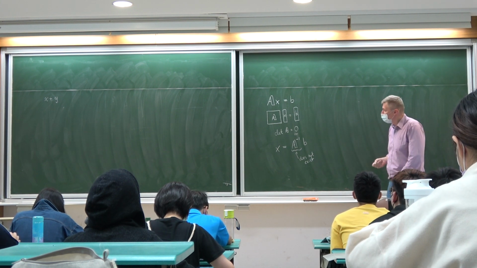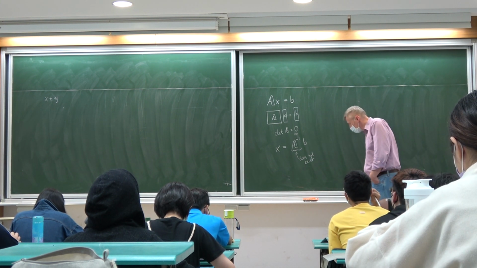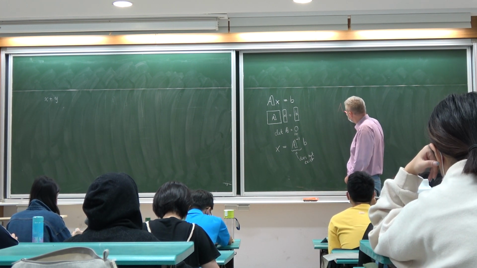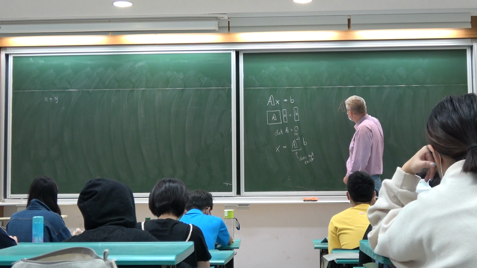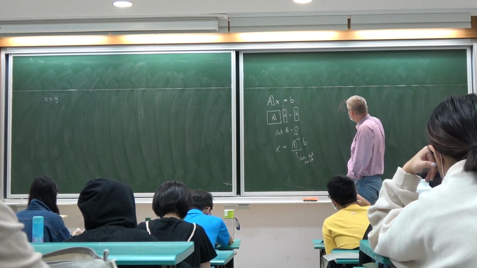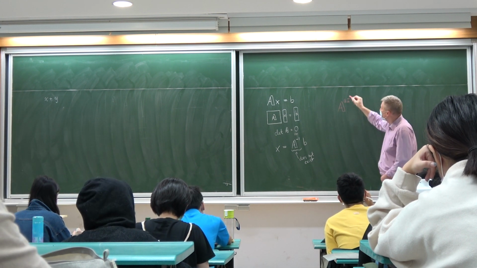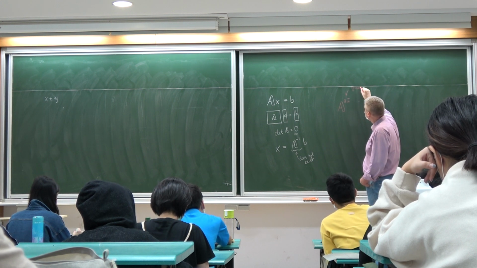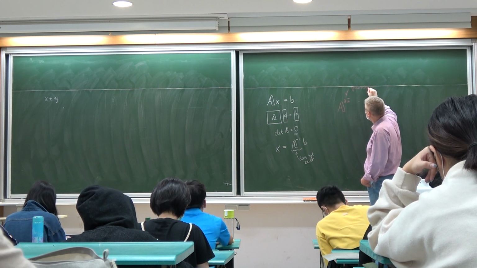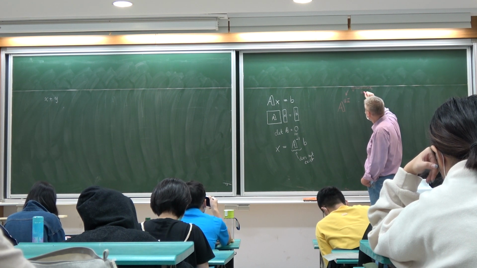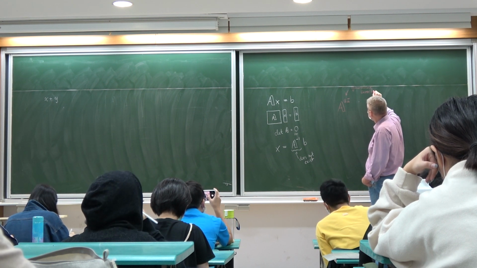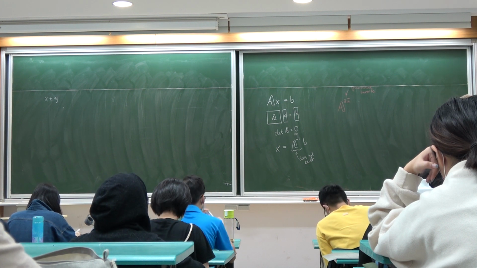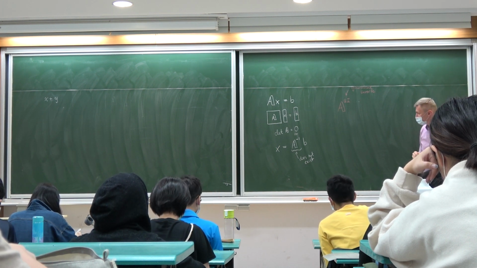In this case, inverse doesn't exist, but there exists something else. We call this thing GI, and that stands for generalized inverse. Now let me explain.